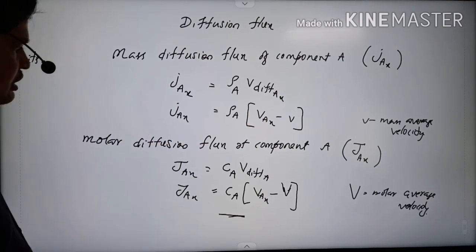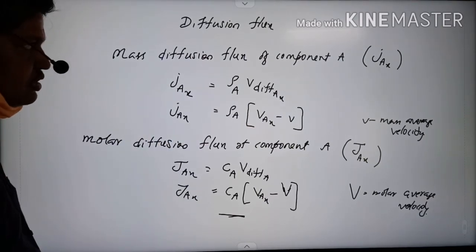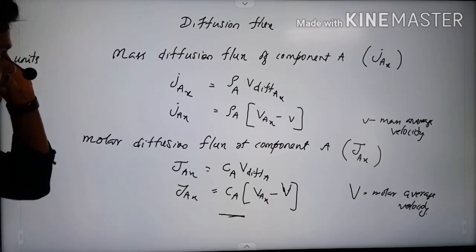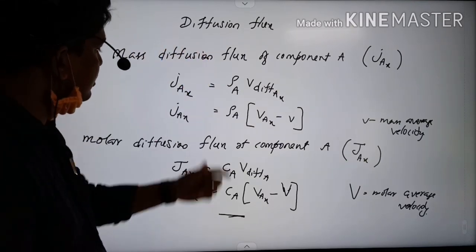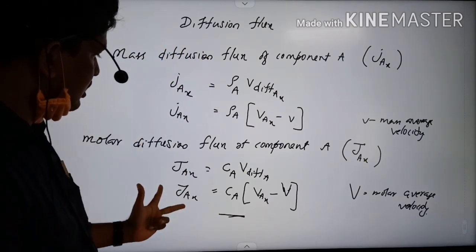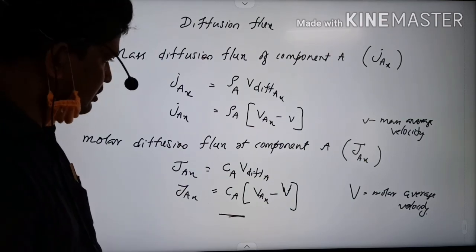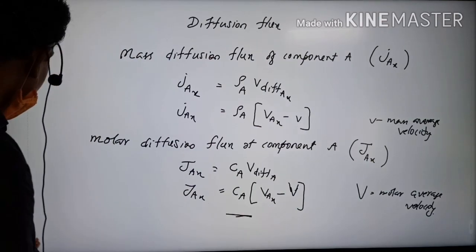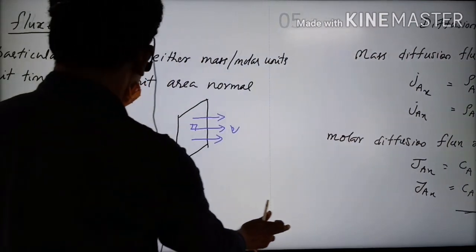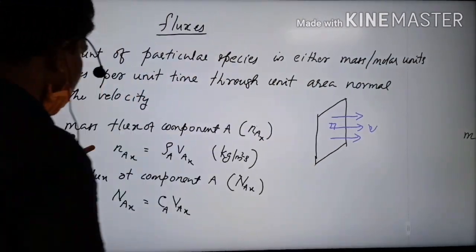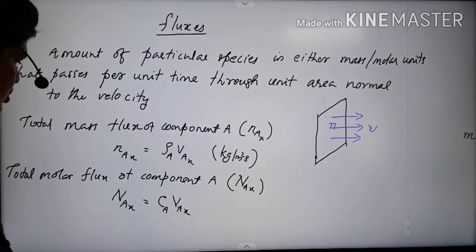So we have seen there are four types of fluxes. Two are diffusion fluxes, mass diffusion flux and molar diffusion flux. Then two more, total mass flux and total molar flux.